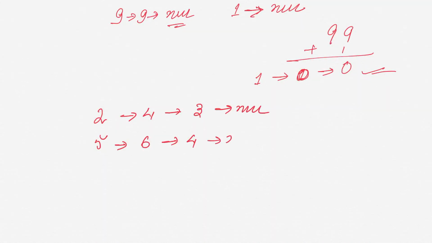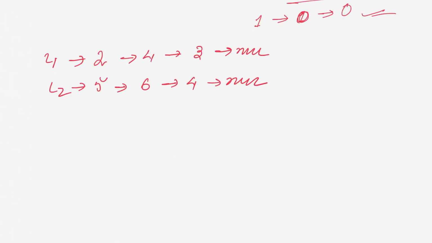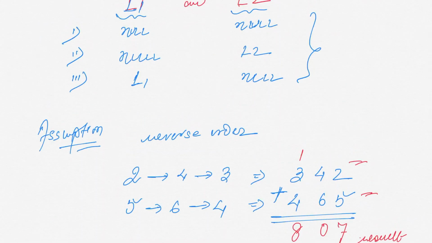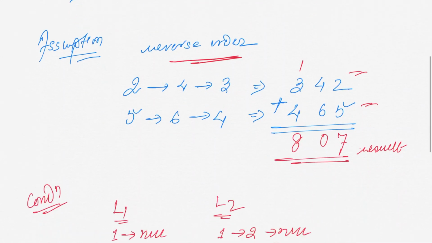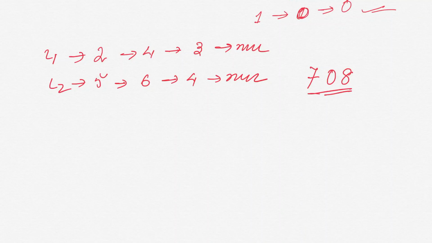This is L1, this is L2, and the ends are null. As per elementary math, we add 5 plus 2 is 7, 6 plus 4 is 0, and 1 will be the carry which is going to be added here, and this could be the result. As we already discussed in the assumption, the lists are in reverse order. So let's try to add.